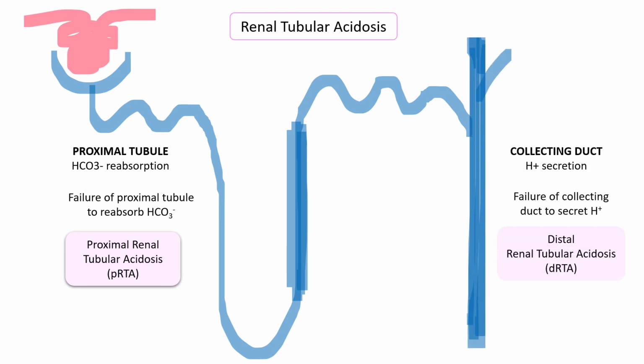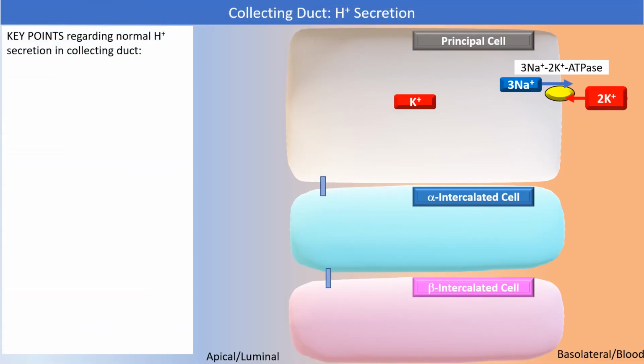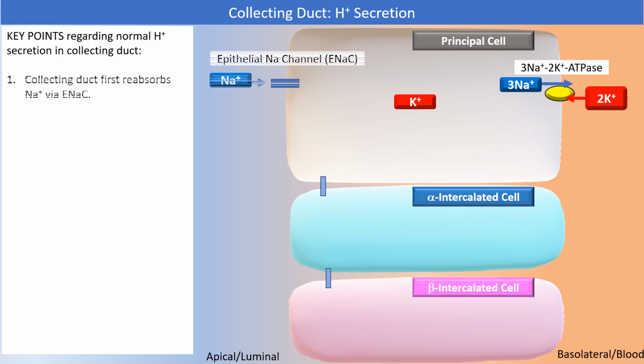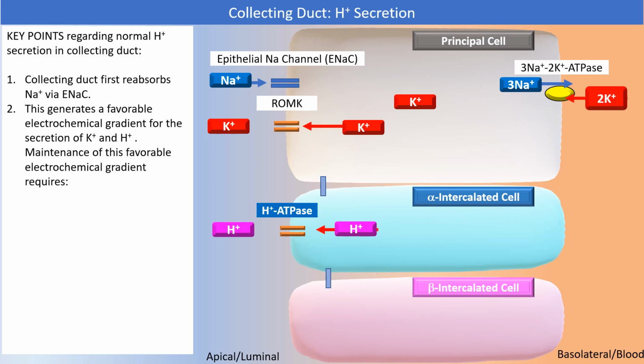How does one get distal RTA? Let's review key points regarding hydrogen secretion in the collecting duct. Sodium is reabsorbed via the epithelial sodium channel known as ENaC. This generates a favorable electrochemical gradient for the secretion of potassium and hydrogen.